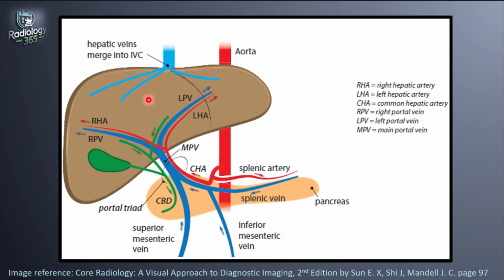Of course, it has multiple tributaries that are serving the various segments, which are peripheral, and then eventually will all drain into the hepatic veins and then into the IVC. This dual system explains why liver diseases can affect inflow and can also affect outflow separately. Think portal hypertension in the case of inflow problems, and Budd-Chiari syndrome in the case of outflow problems.